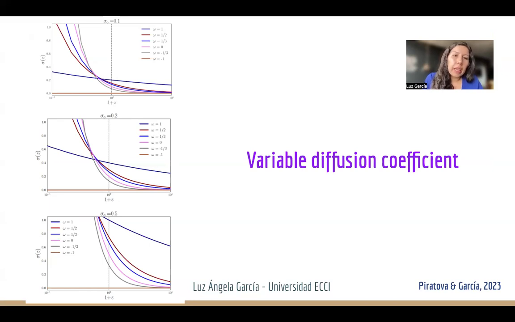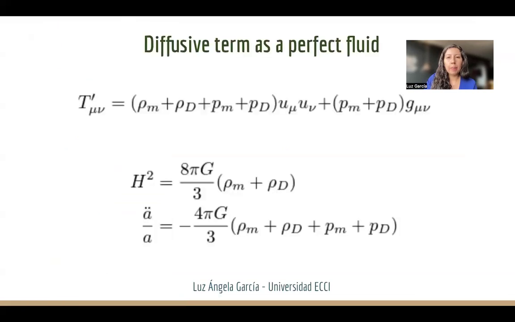And we see that, again, in order to have something that has some evolution, we need to make sure that this value has a particular behavior that is going to be related with the equation of state. So this is already giving us some hints on how to introduce this diffusion effect if we want to get an accelerated expansion at late times.